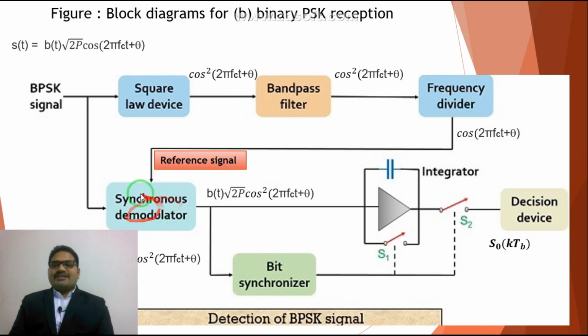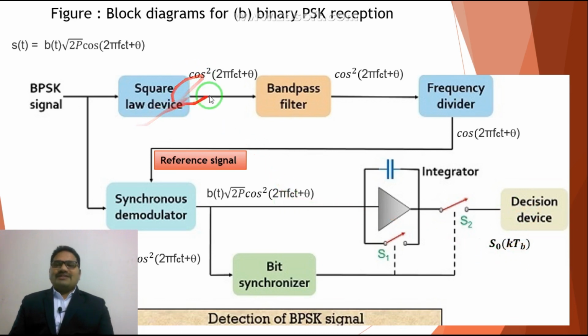And then there is the synchronous demodulator, which needs to demodulate this BPSK signal. It has two inputs, one your BPSK signal and another your regenerated carrier signal, that is your reference signal. After that, the output of this synchronous demodulator is given to your integrator and the bit synchronizer. And this is your decision device. This is your final output.